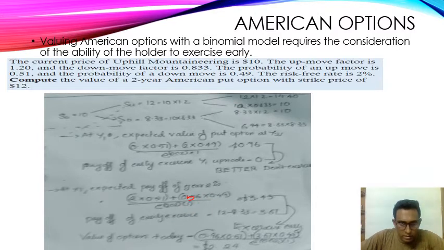So 5.06 I will be gaining into 0.49. Then I will be bringing it back to the first year, discounting by e raised to 0.02 into 1 year, which gives me 3.43.